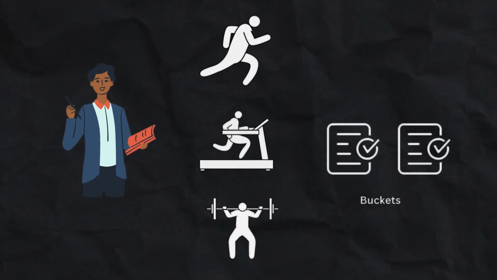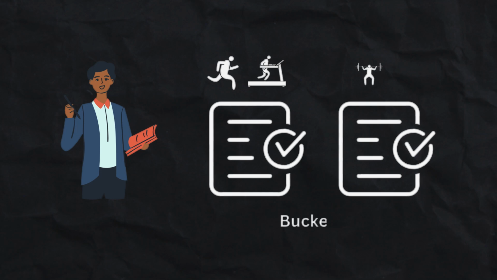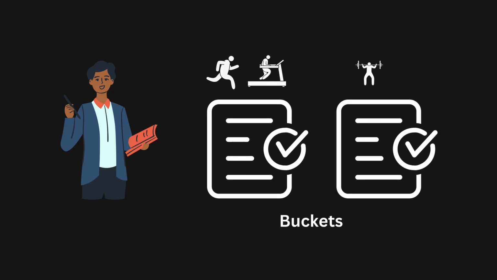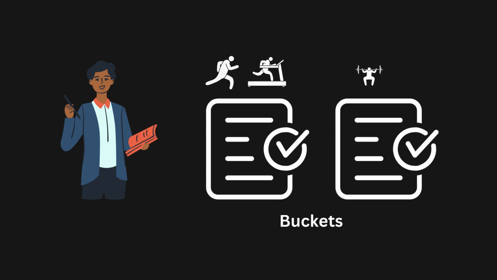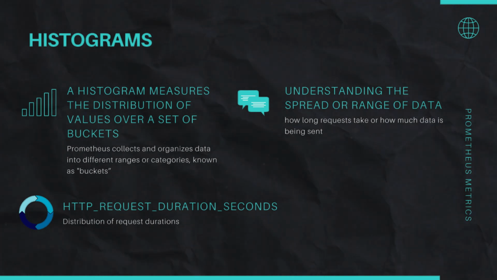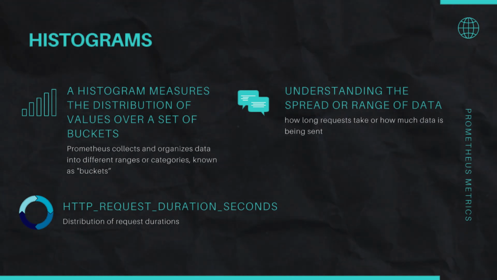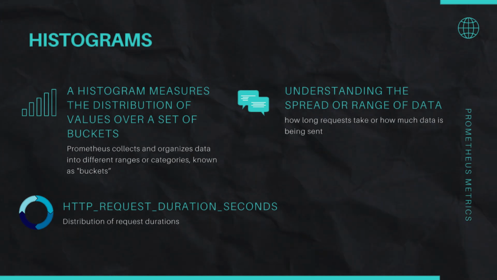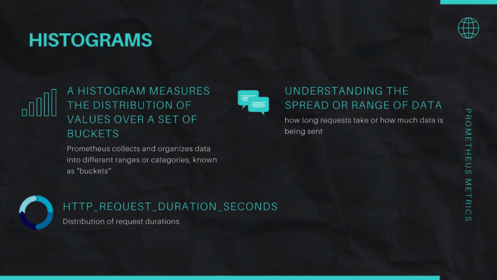Some are fast and some are slow. A histogram groups people into buckets based on how fast or slow they finish the task, showing you how the response times are distributed. It's particularly useful for tracking the duration of requests, response sizes, or any metric where the distribution matters. Let's look at an example to understand it better.